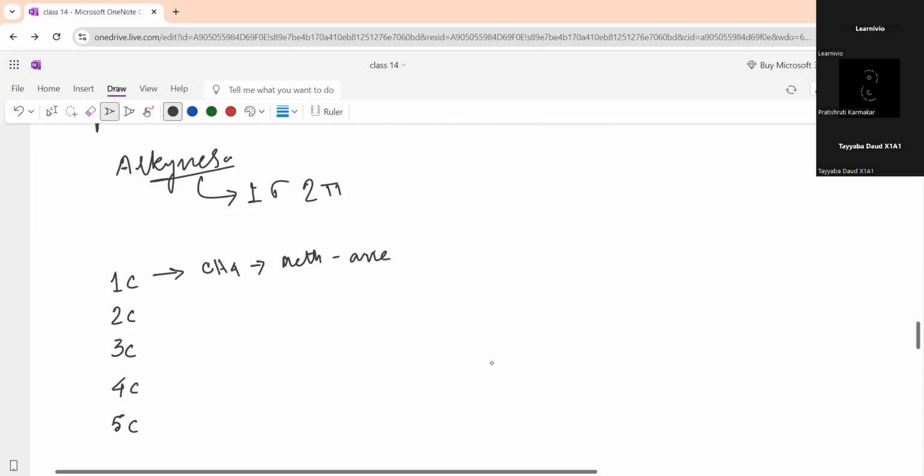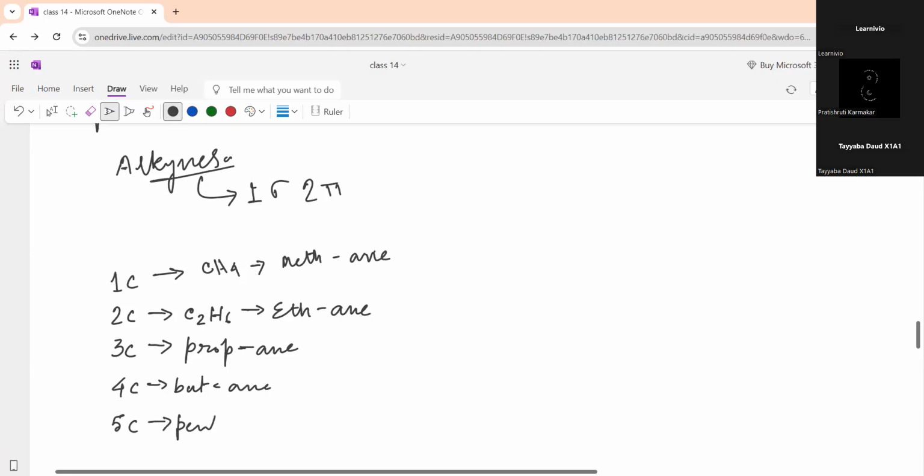When we had two carbon, which was C2H6, we called it ethane. If we have three carbons, C3, we called it propane. For 4, butane. For 5 carbon, pentane. And for 6, hexane.